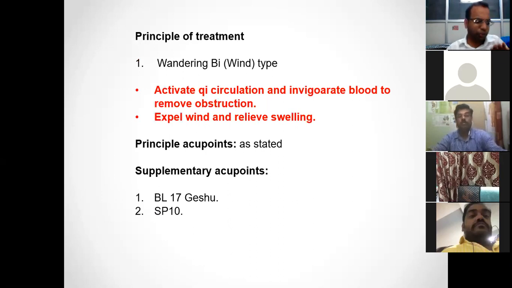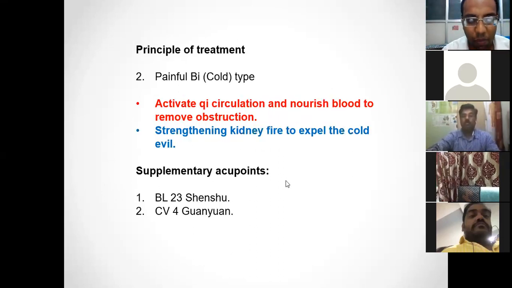See, we have to select these points as per the symptoms of the patient.